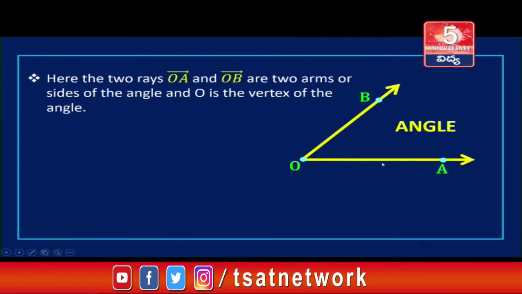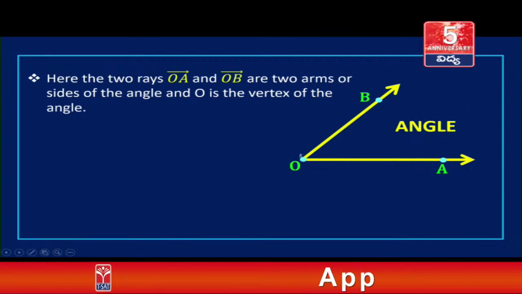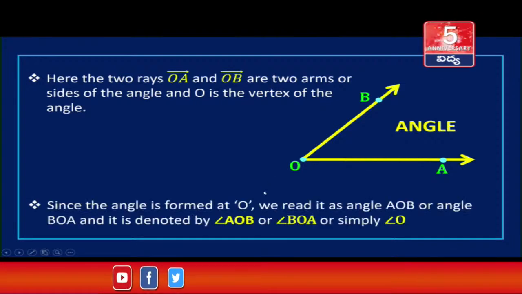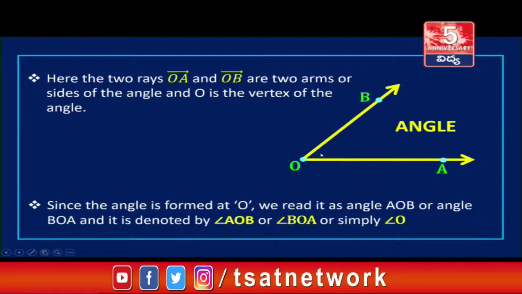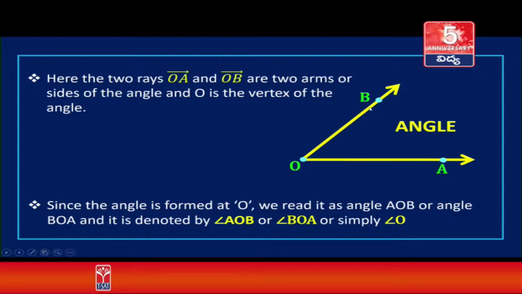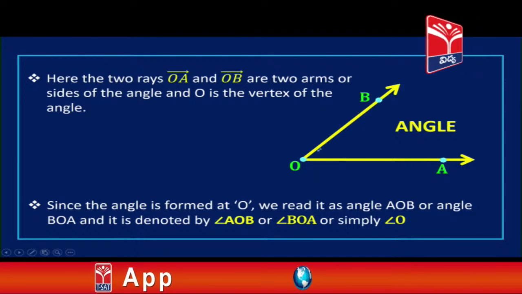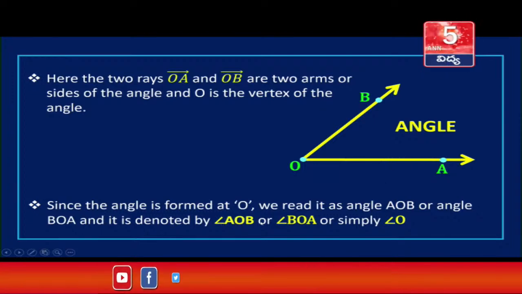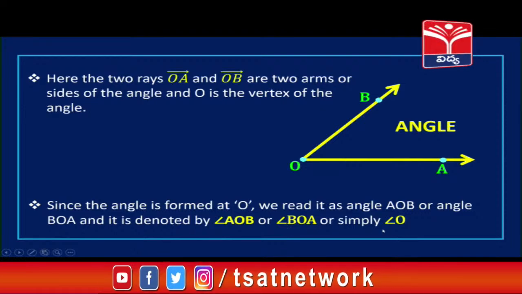Here two rays OA and OB are the two arms or sides of the angle. O is the vertex of the angle. Since the angle is formed at O, we read it as angle AOB or angle BOA. It is denoted by the symbol angle AOB or angle BOA, or simply we can read it as angle O.